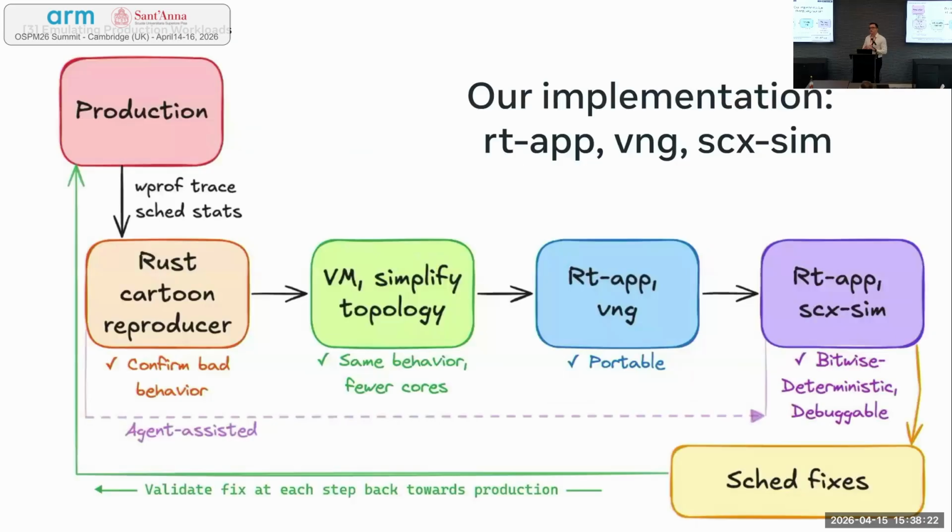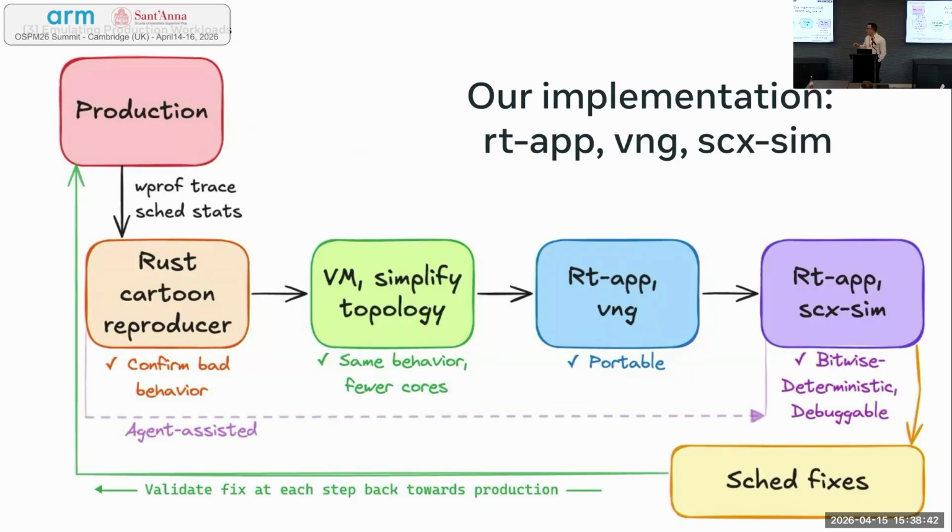But in our particular case, we're arguing for a somewhat complicated pipeline of simplifications, again, semi-automated and using agents, where we go from WPROF traces and some additional internal scheduler statistics that we capture in production. For example, I'm going to use this caching service as an example.